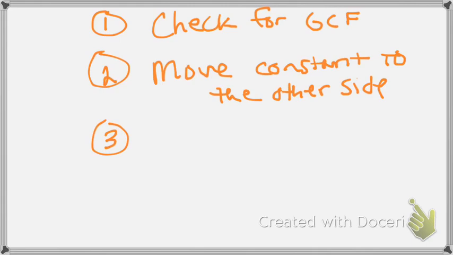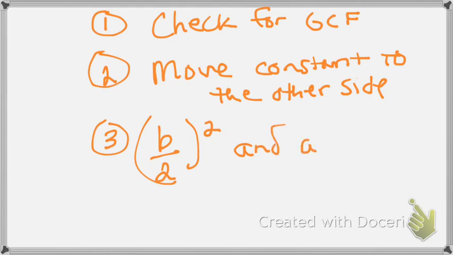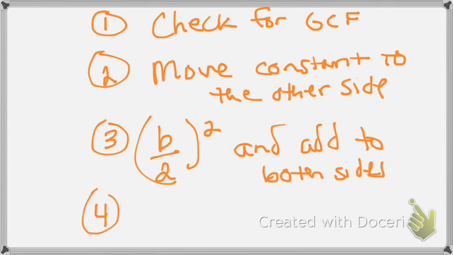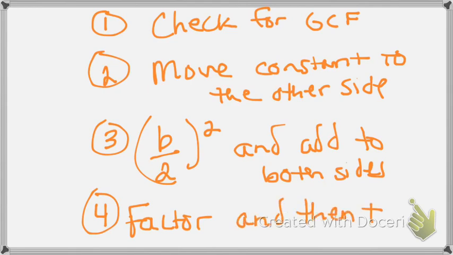Third step, take half of my b, square it, and add to both sides. Factor, and then solve by taking the square root. It's a process, but you can do it.